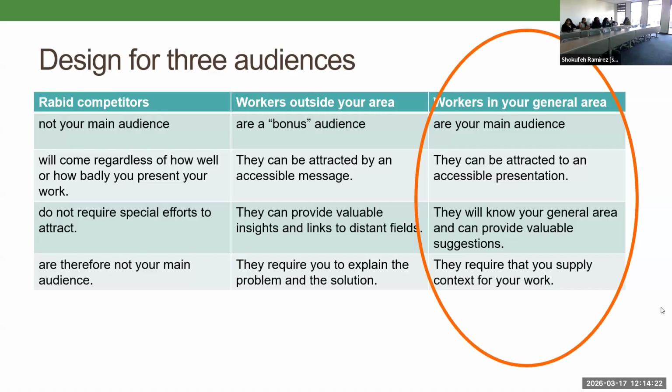And then workers in your general area. This is your main audience. An accessible presentation is helpful. They know your general area and can provide valuable suggestions. But they do require that you supply context for your work.